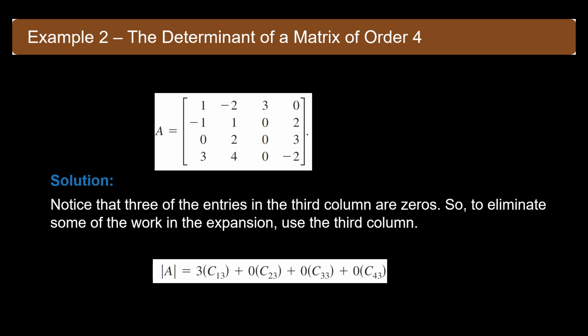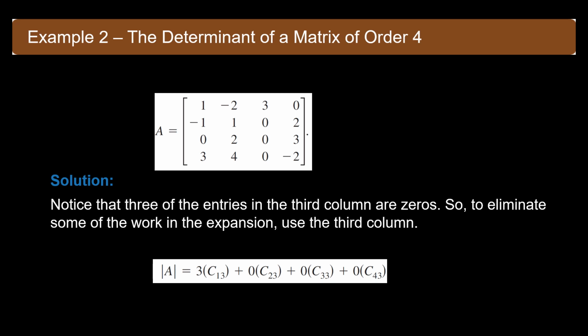Now the determinant of this matrix A can be obtained easily. I would like to expand this using the third column, because in the third column three entries are 0 and I have only one 3. If I expand using the third column, the entry a13 is 3 multiplied by its cofactor C13, which is obtained by deleting that row and column.